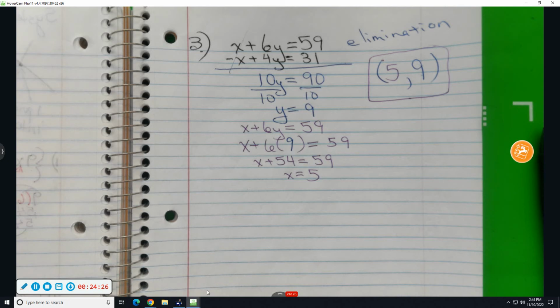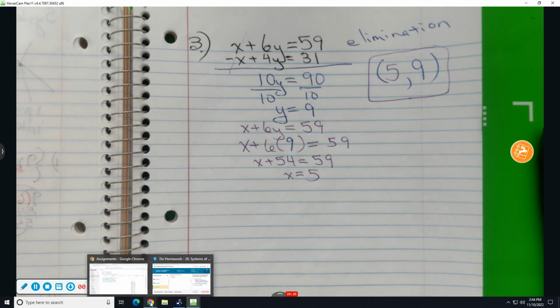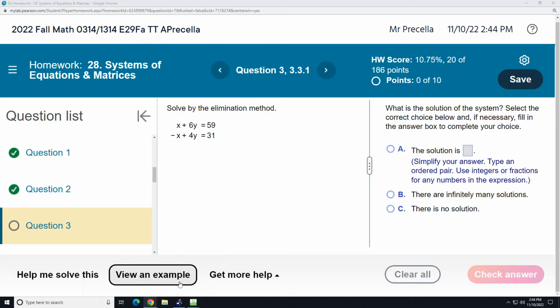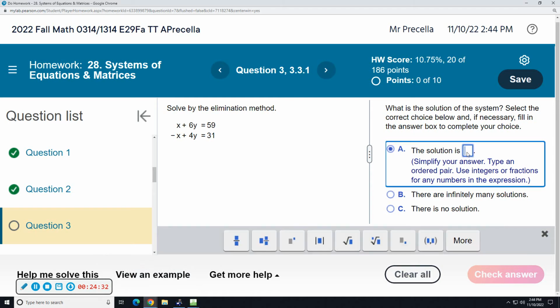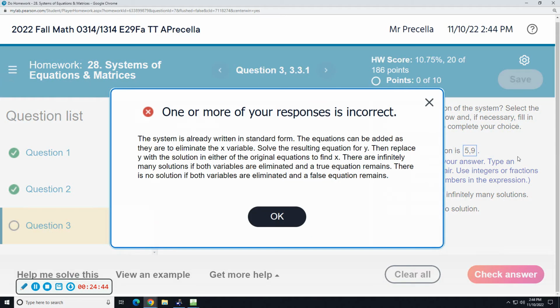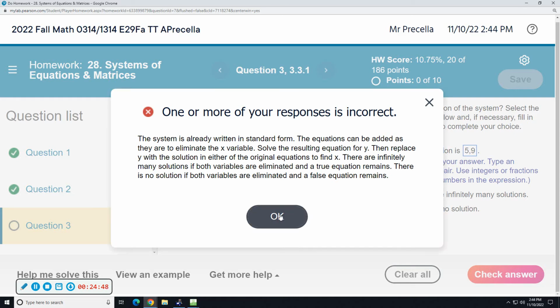Of course, we're going to check our answers just by typing it into MyMathLab. But on a test, it's not going to tell you as soon as you type in the answer that it's wrong. So that's the way you check this. Look what I'm about to do. I've typed in 5, 9. I check it and it says wrong. What did I not do? Parentheses.